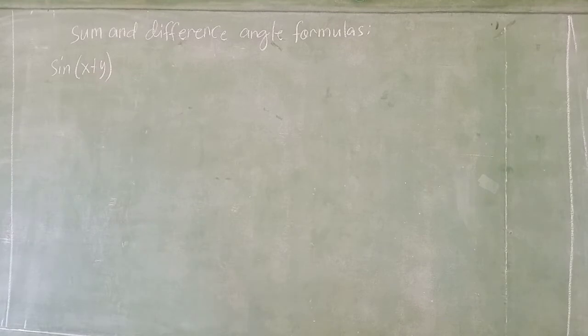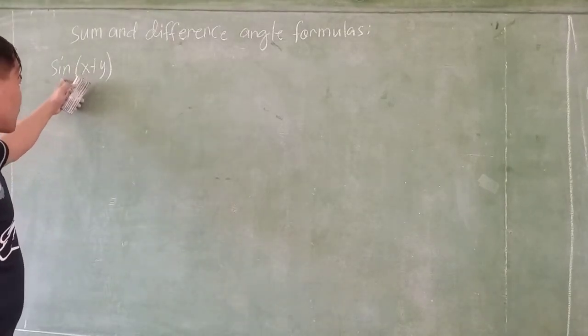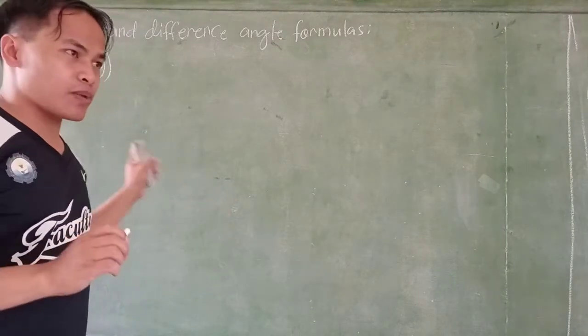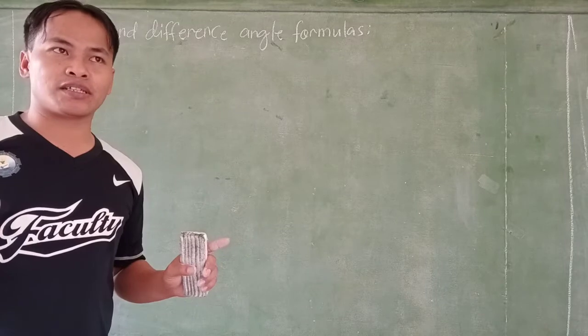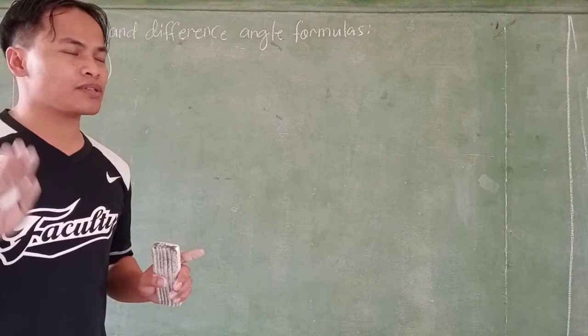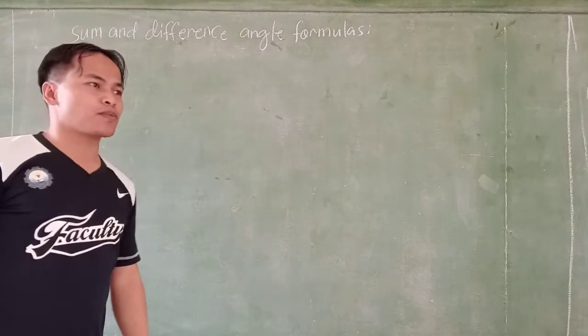For sine of x plus y, the corresponding formula is for the sum of these two angles. This can be used when the angle is big, so we can make use of sine of x plus y.